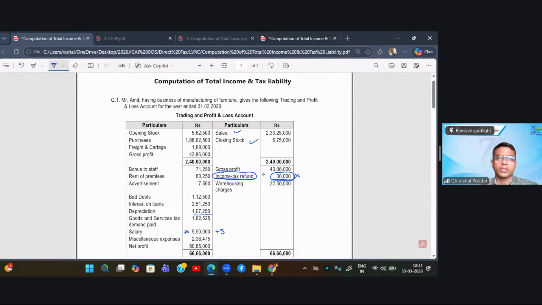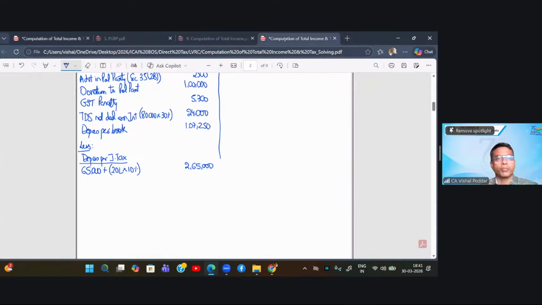Remaining all these items are business head items, so they will remain as they are, but we have to remove the effect of this 30,000 from here. So IT refund. This will give me my final PGBP income.